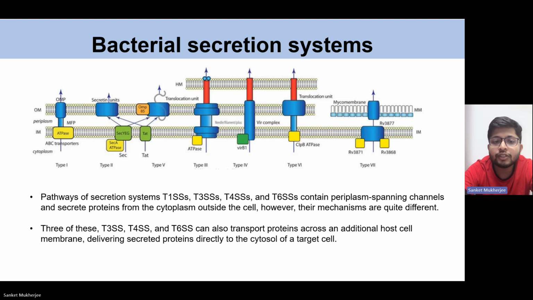However, the mechanism of each of these secretion systems is different. Three of these, the T3, T4, and T6 secretion systems, can also transport protein across an additional host membrane. In this case, it would be a plant cell. It will deliver the proteins directly to the cytoplasm of this target host cell.